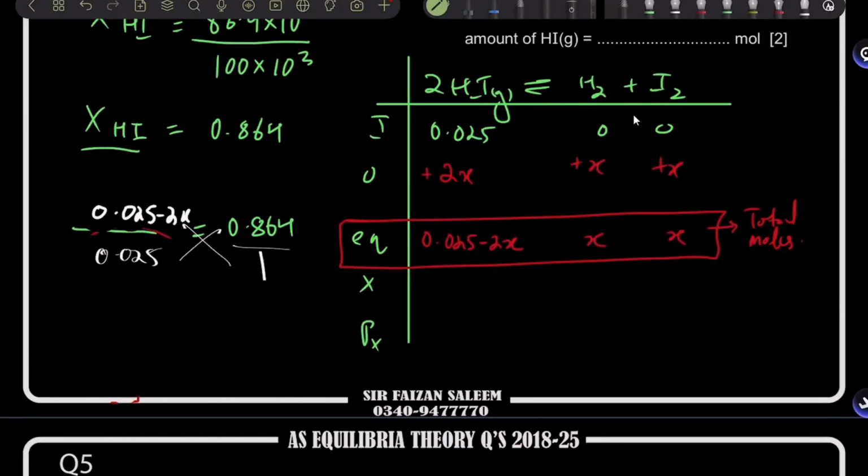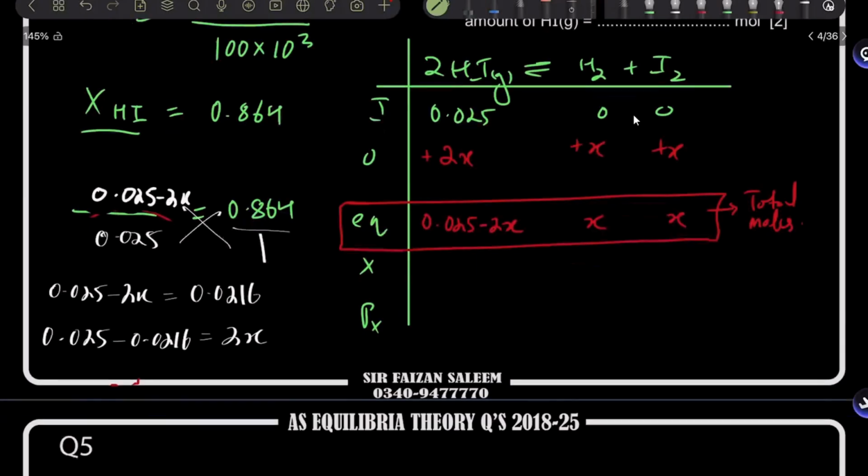So 0.025 minus 2x is equal to 0.864 times 0.025. That becomes 0.0216. Then 0.025 minus 0.0216 is equal to 2x.